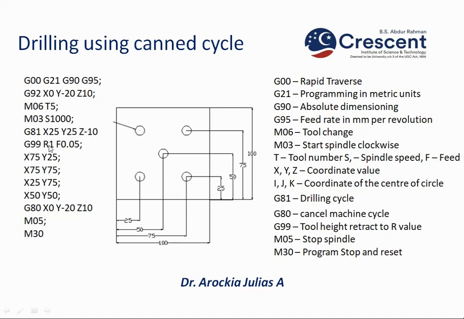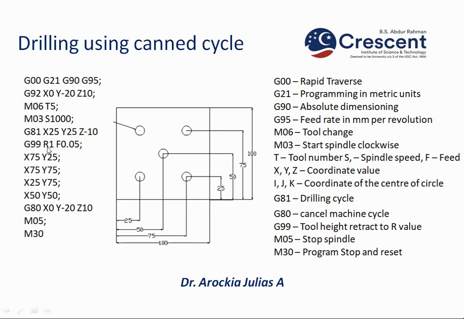Now we use G99, a code used here to specify the retraction value: tool height retract to R value. You can see in the list, in the description, G99 is tool height retract to R value. So we are going to define an R value, and the tool will retract up to that particular R value.